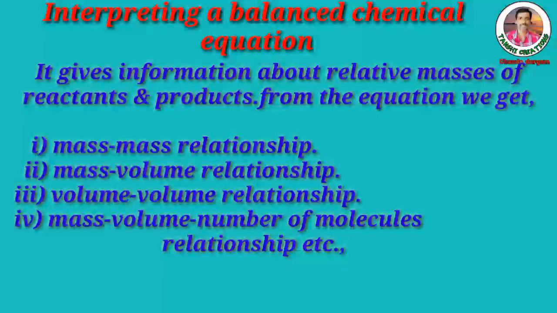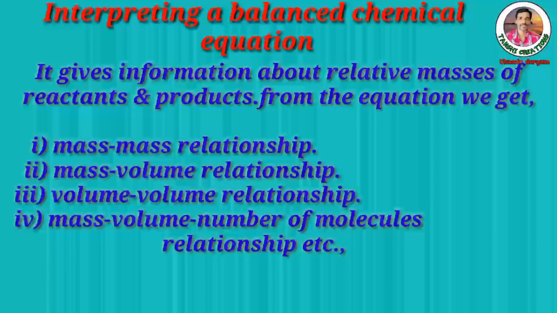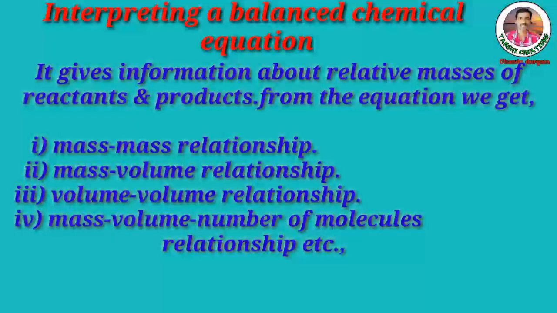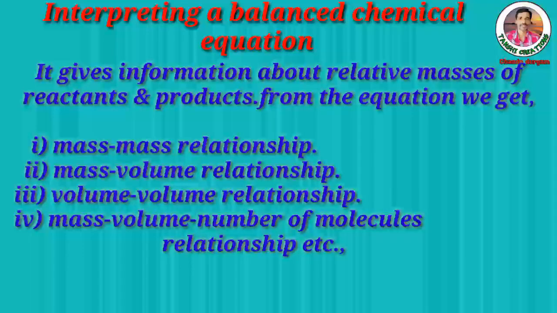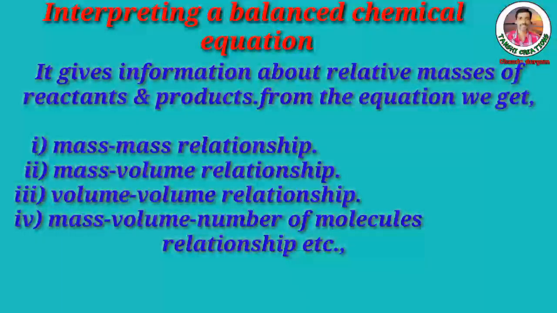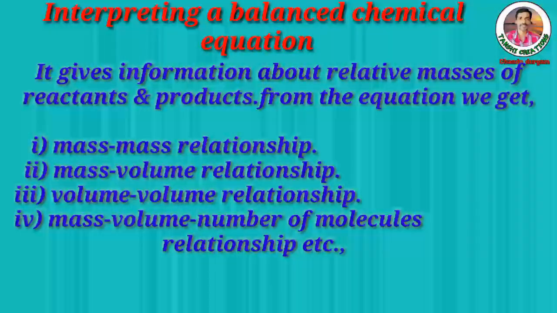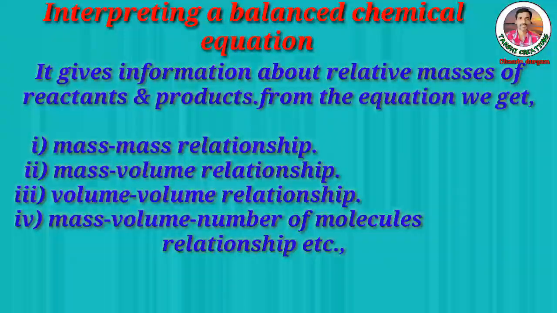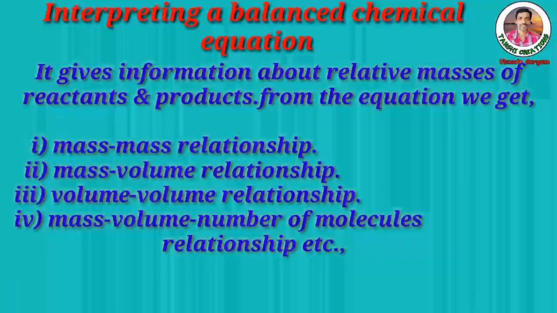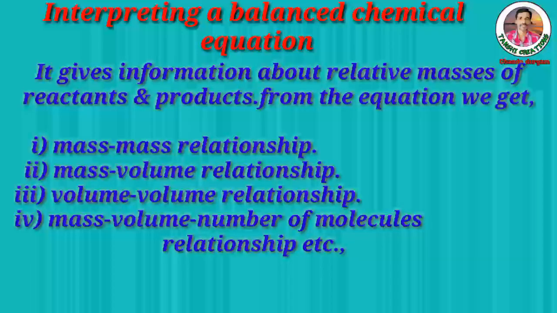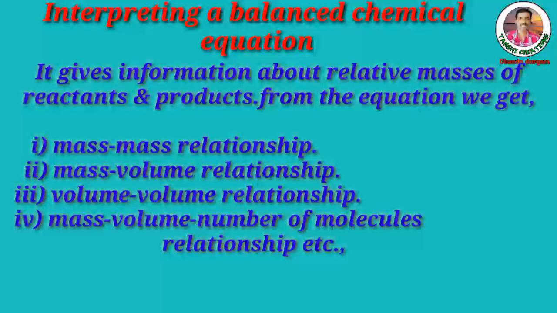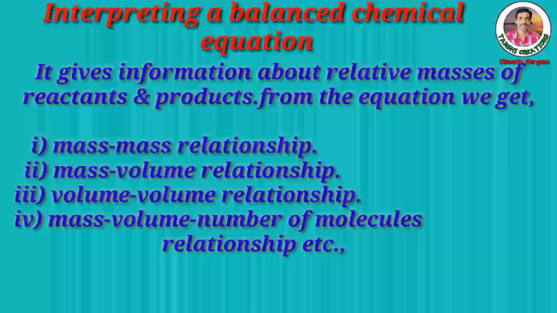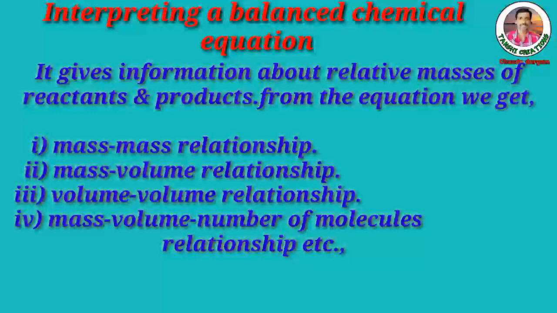It gives information about relative masses of reactants and products. From the equation, we get: number 1, mass relationship; number 2, mass volume relationship; number 3, volume relationship; number 4, mass volume number of molecules relationship, etc.